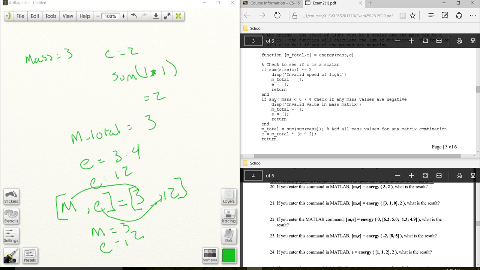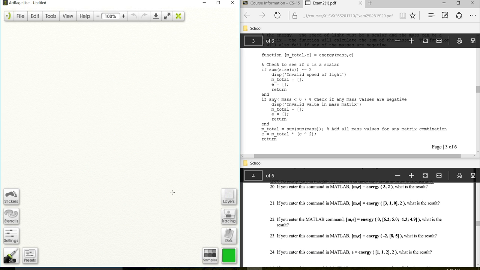If you enter the command in MATLAB, ME is equal to energy of 3, 1, 0 and 2, what is the result? Well, you come up here again, and we know that the mass coming in is equal to 3, 1, and 0. That's a matrix.